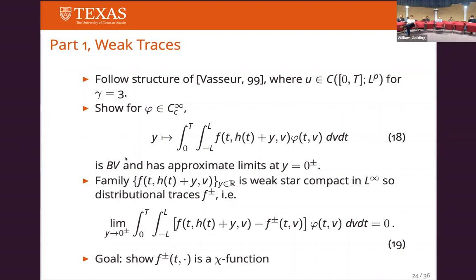The way you get that is to multiply by a test function that's only in time and velocity, not in space. As I shift in space, that's actually a BV function. So if I've integrated out in time and velocity, I get a BV function. What's great about BV functions is that they have limits, right? This is one of the great properties. They have right and left limits. Okay, maybe not the same, but we would expect them to be the same.